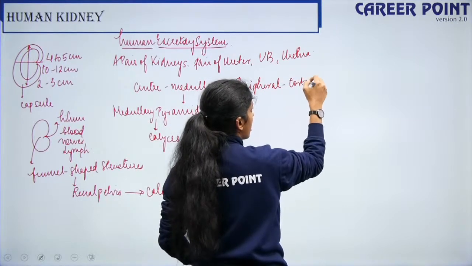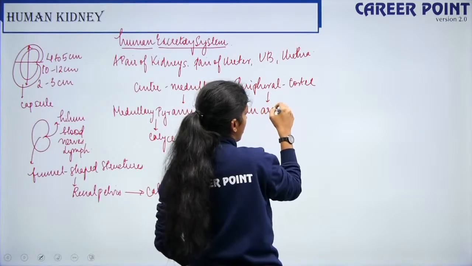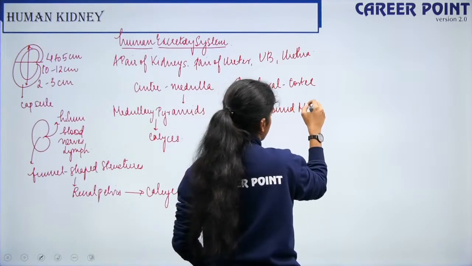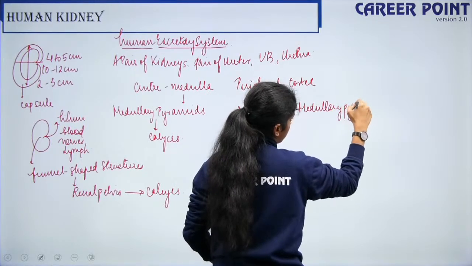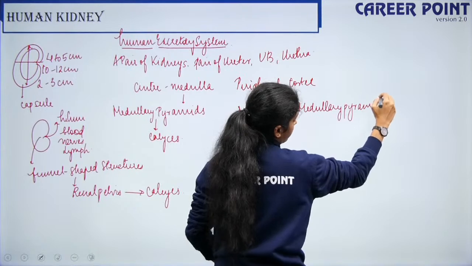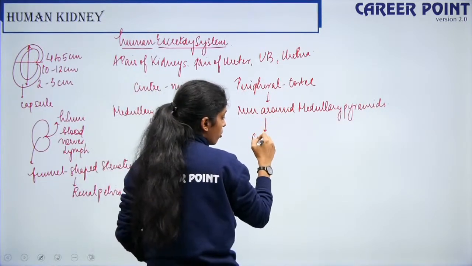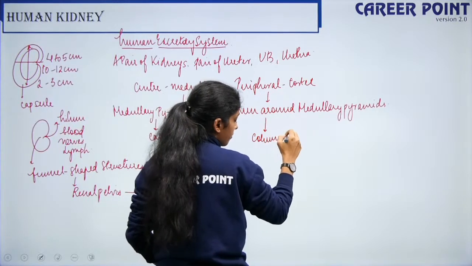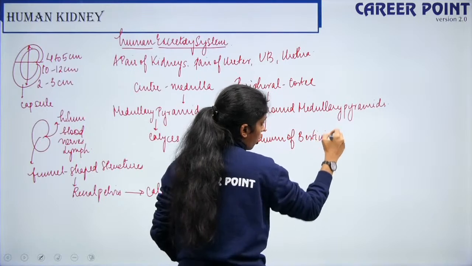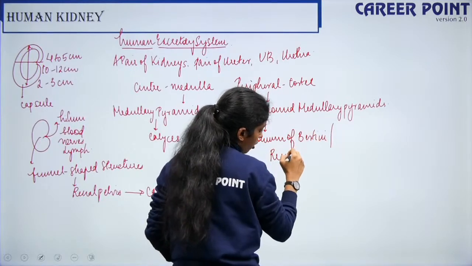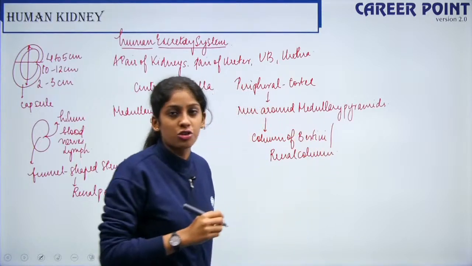The cortex runs around the medullary pyramids, and these extensions are known as the columns of Bertini, or the renal columns. So this is the structure of the kidney.